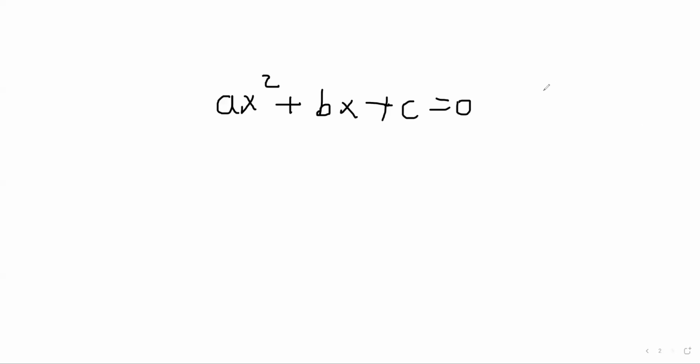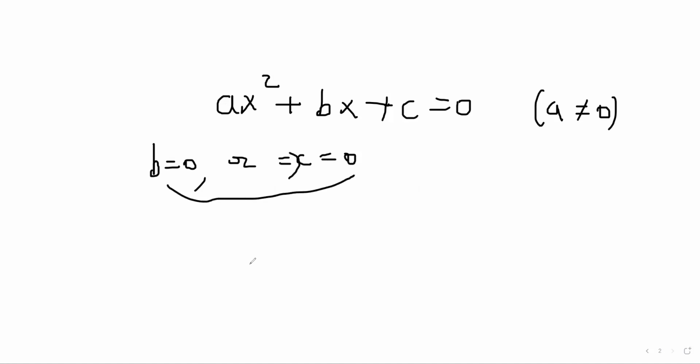We said that in all cases a is not 0. If a is not 0, there can be b equals 0 or c equals 0. Sometimes both of them can be 0.